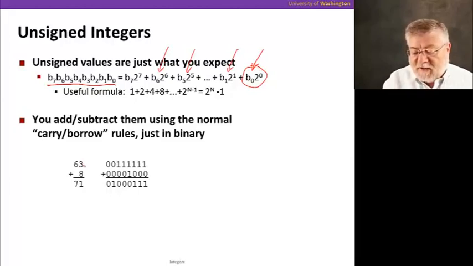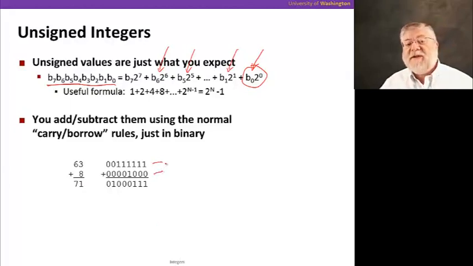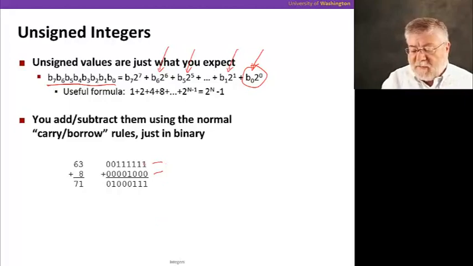Here's an example. 63 plus 8 is, of course, equal to 71. The number 63 is represented by these bits. The number 8 is represented by these bits, and you should make sure that that makes good sense to you. And when we add them up, we do a 1 and a 0 is a 1, a 1 and a 0 is also a 1, 1, 0 again is 1, but now a 1 plus 1 in this column yields a 0 with a carry of 1.